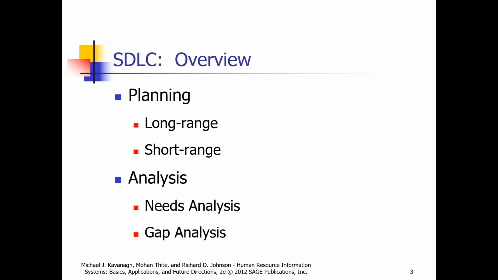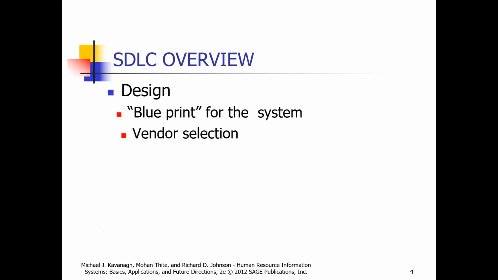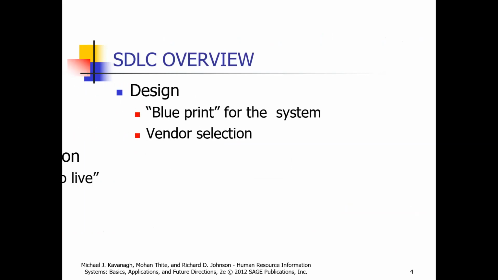So here is the overview. This is the planning stage, where long-term and short-term range needs are analyzed. Then the analysis: the needs analysis and gap analysis, where we stand, where we want to go, what the current software, if the organization has it, is serving, and what the next one is supposed to do. The overview also includes the design, which is the blueprint for the system or the vendor selection.